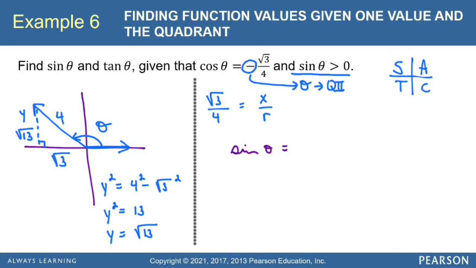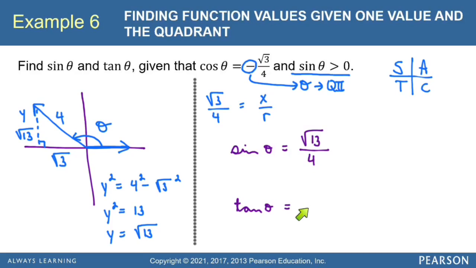All the other functions will have to be negative. So the sine of theta will be positive, and it's y over r, so it's square root of 13 over 4. And that's all we have to do to that one. It doesn't need to be simplified, rationalized, or anything. That one's final.